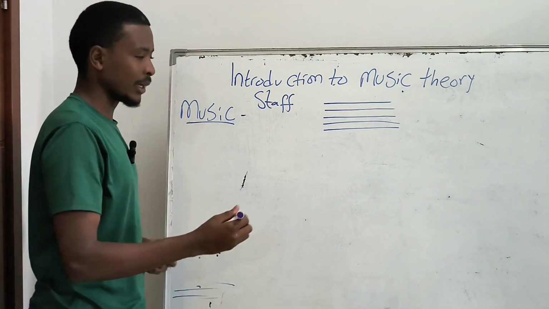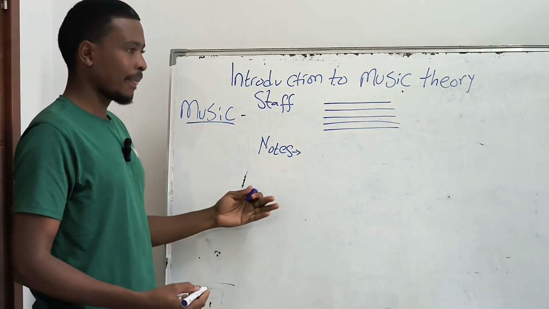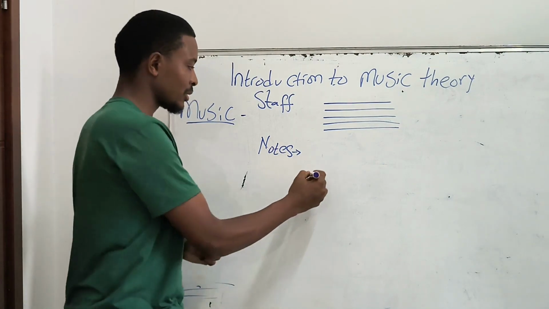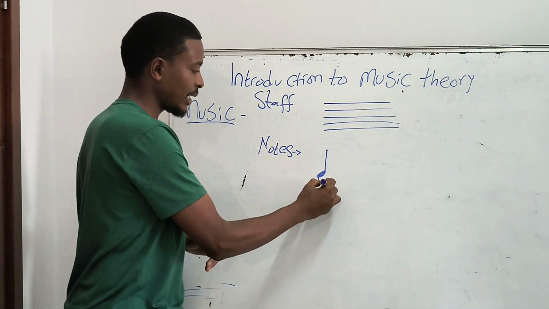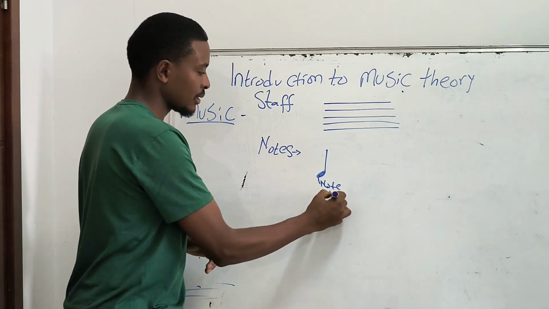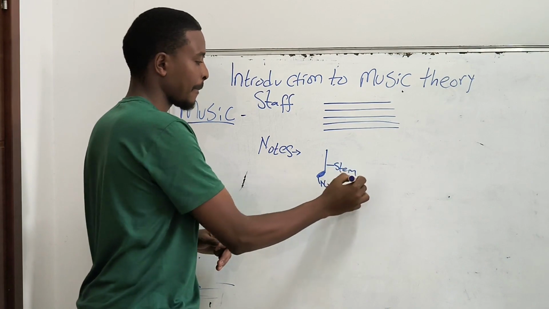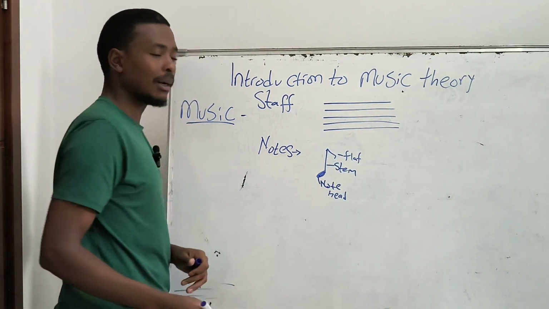The second thing we are going to see are the notes. What are these notes? These notes are the small signs that look like this. This is the note head. This is the stem, and we normally have a flag for some of them.